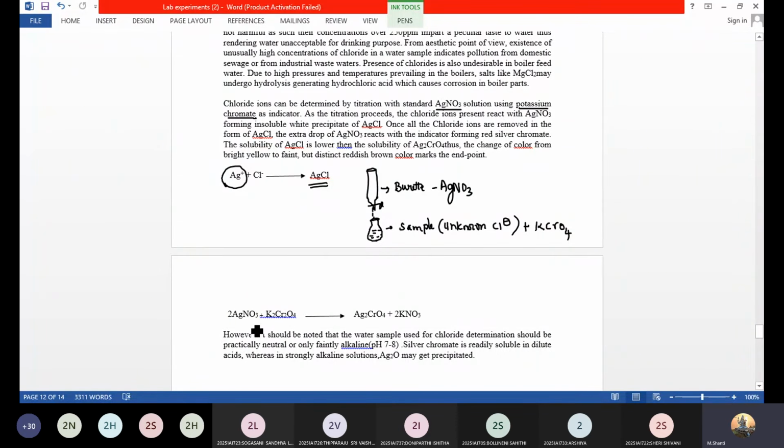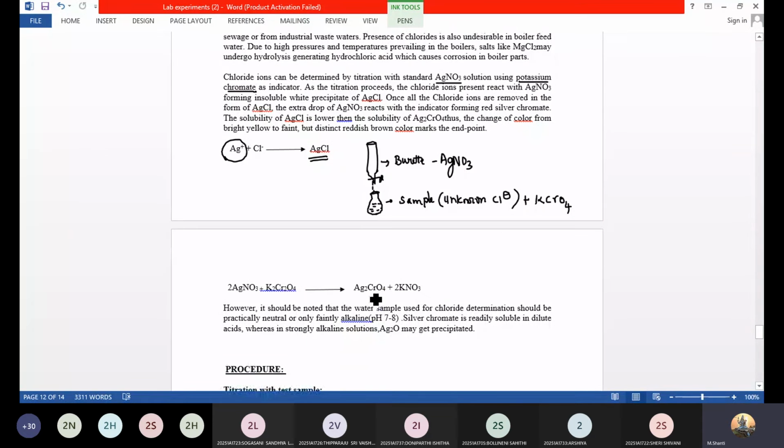So when does the reaction happen between the silver nitrate and potassium chromate? Only when all the chloride ions of your sample are precipitated in the form of AgCl. So the next drop of AgNO3 will react with the indicator, and that gives a reddish brown color solution at the end point.